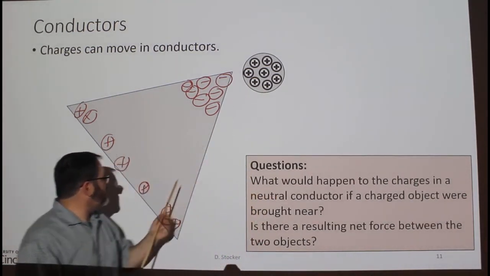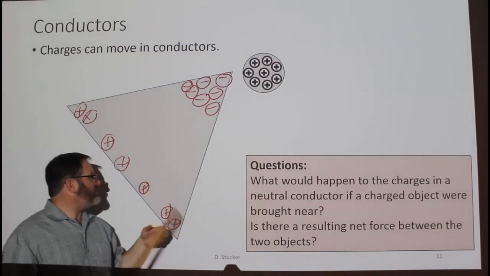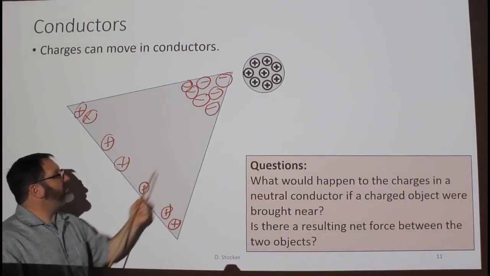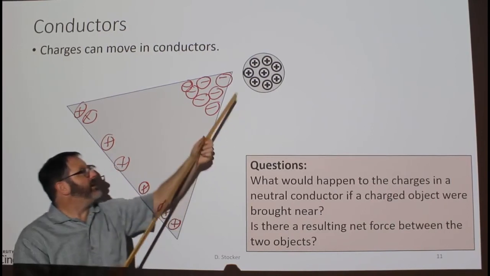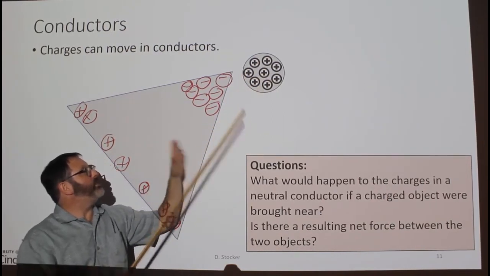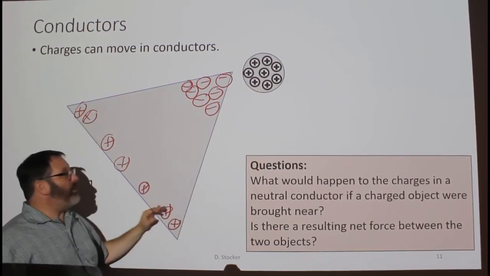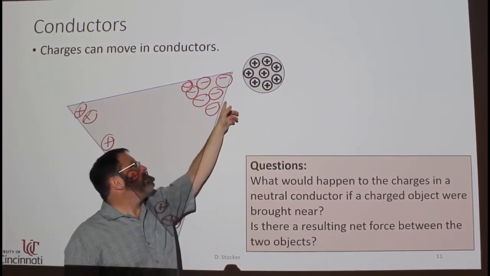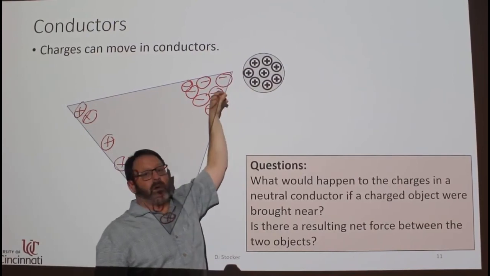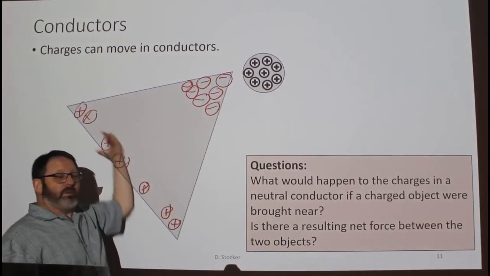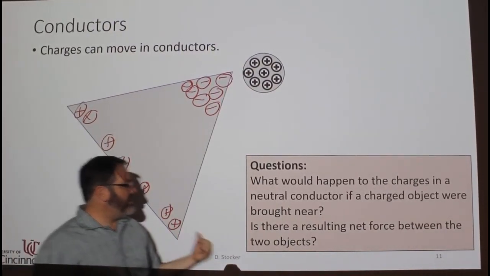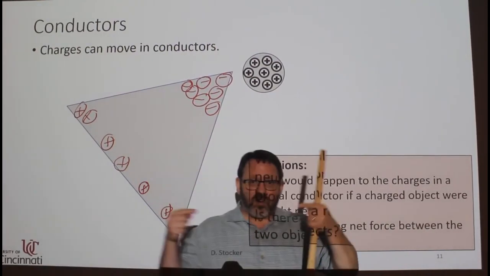So there is a repulsive force pushing these pluses away from these pluses. So these will feel pushed away by all of the positives here. But these are far away compared to the minuses. So it will be attracted more by the minuses than it is repelled by the pluses. So there will be a net force drawing them together.